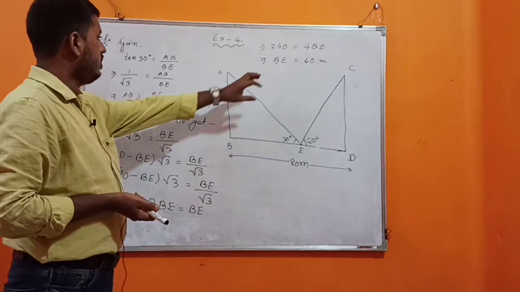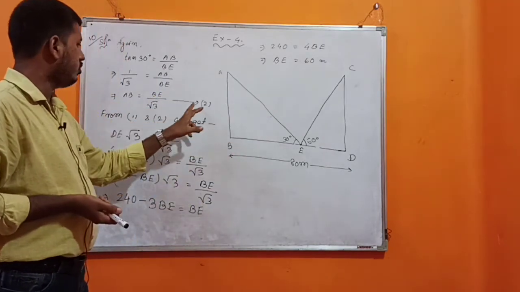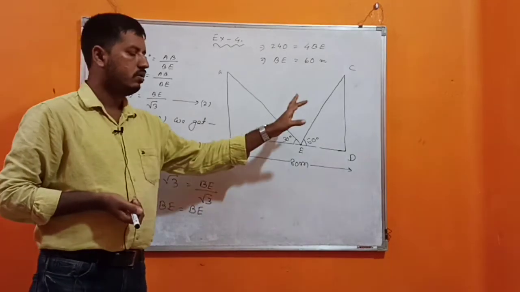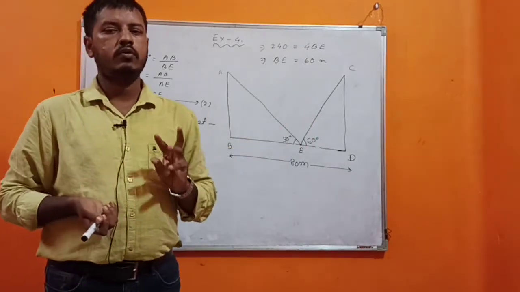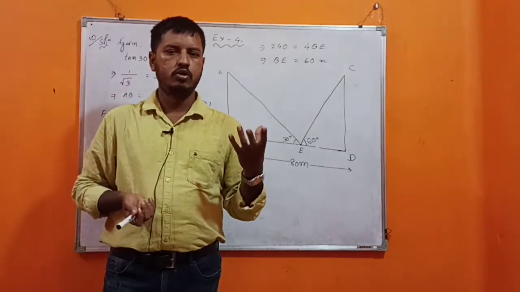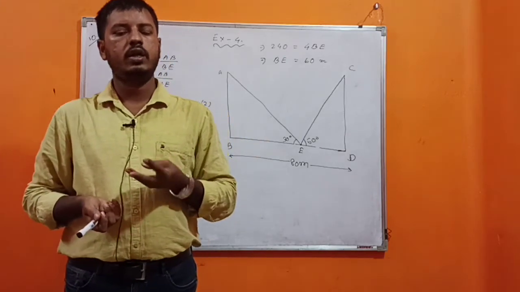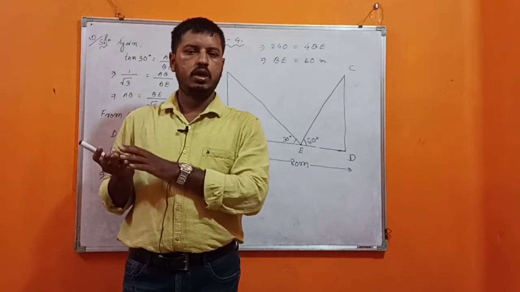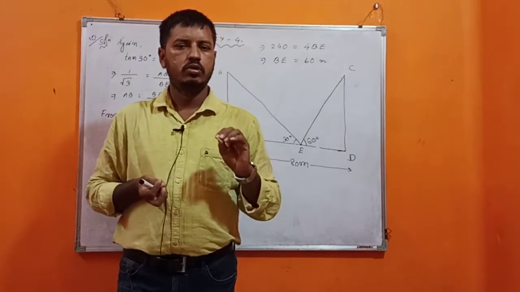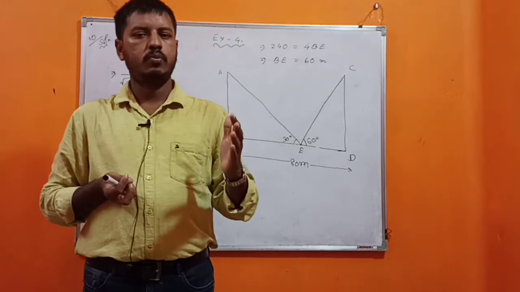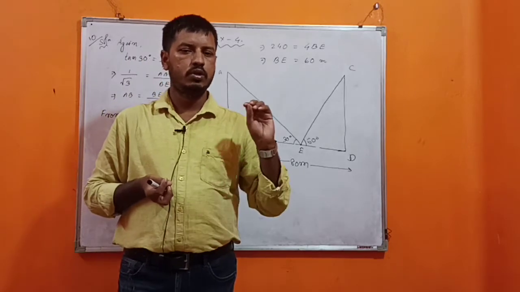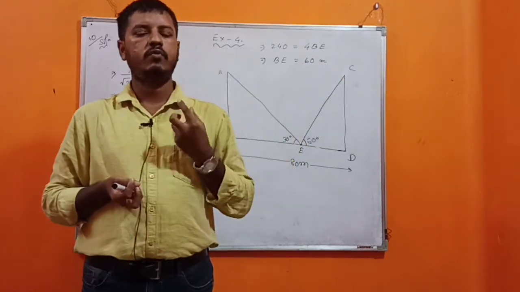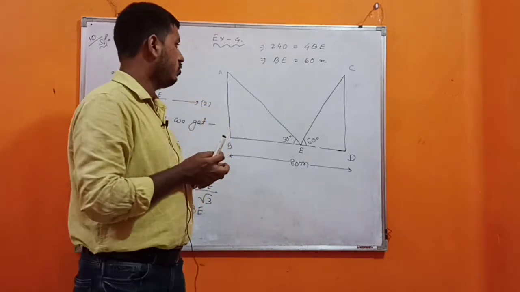Putting this value in either equation 2 or 1, we will get the height of the two poles, because it is given in the question that the two poles are of equal height. We don't need to put the values in both equations, because the heights of both poles are the same.